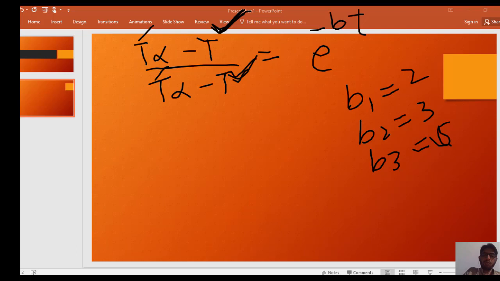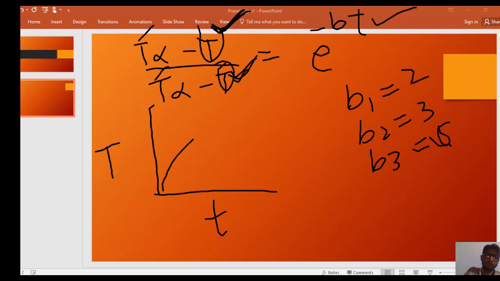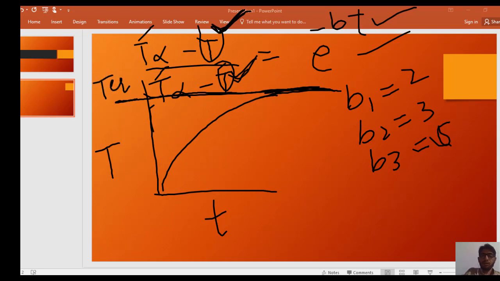When we increase the value of B and plot this temperature against time, we will get this type of exponential relation. This is the equilibrium temperature, and this is the equilibrium time.